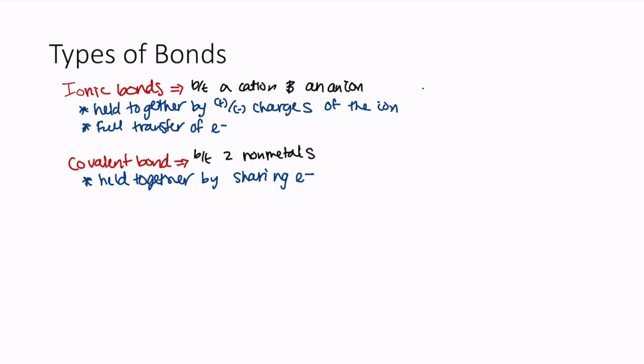So within the covalent bonds, we have two types of bonds. We have nonpolar covalent bonds, and this is where the electrons are shared equally. We also have polar covalent bonds.